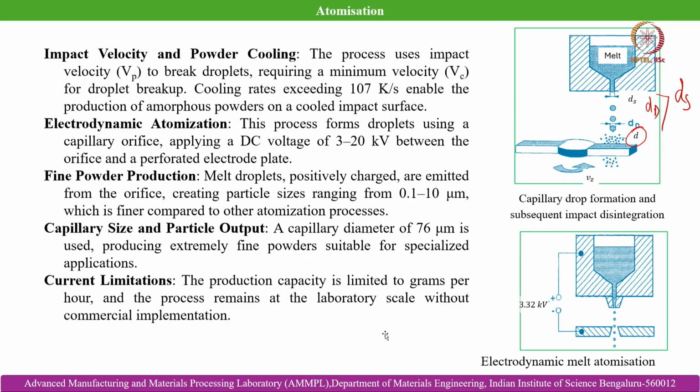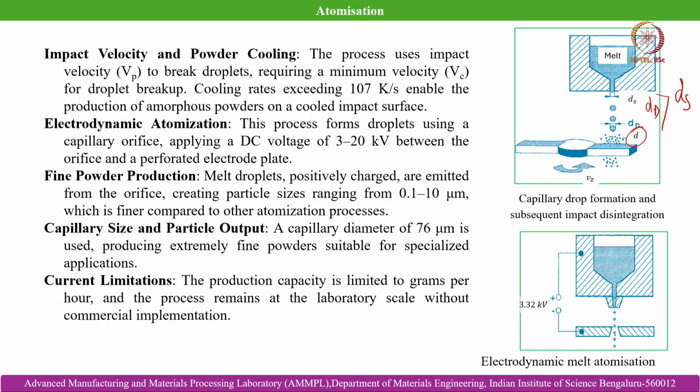In the case of electrodynamic atomization, this process forms droplets using a capillary orifice, applying a DC voltage of 3 to 20 kV between the orifice and a perforated electrode plate. That is what is shown here, a typical setup used.